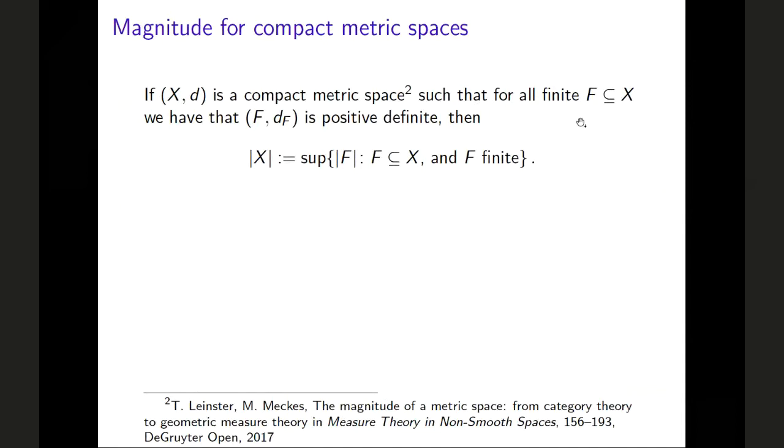So if Nina, I'm sorry to interrupt. We have one question, referring to the previous slide. Does this mean that finite subsets of R^n with Euclidean metric are positive definite?